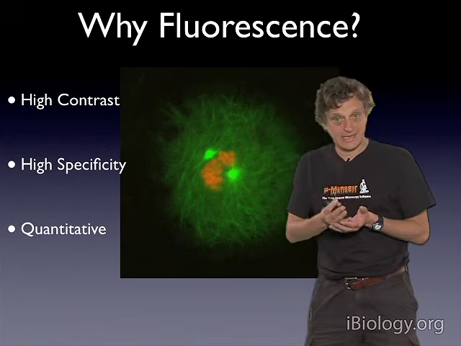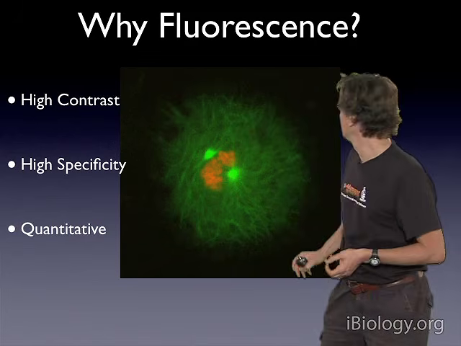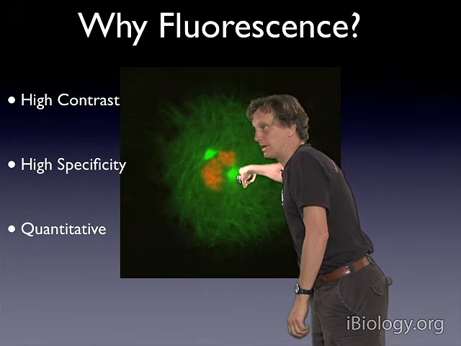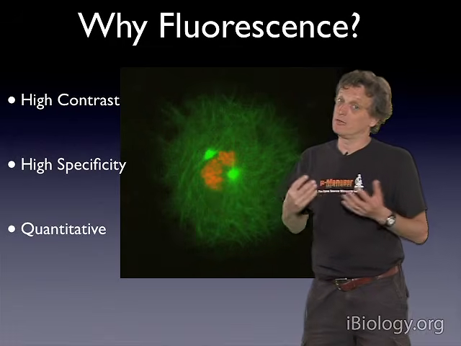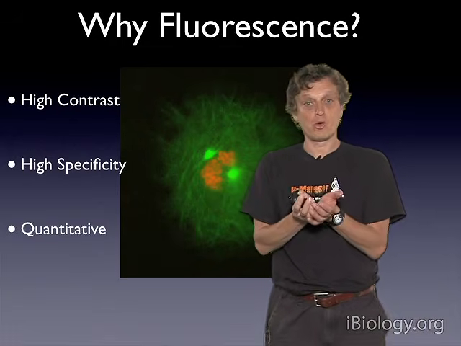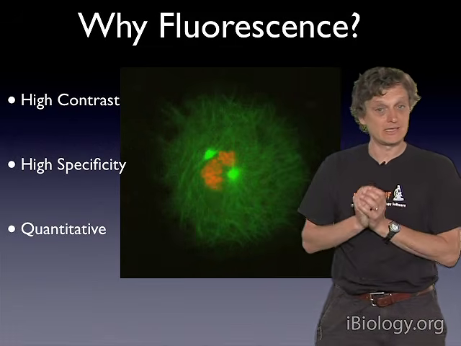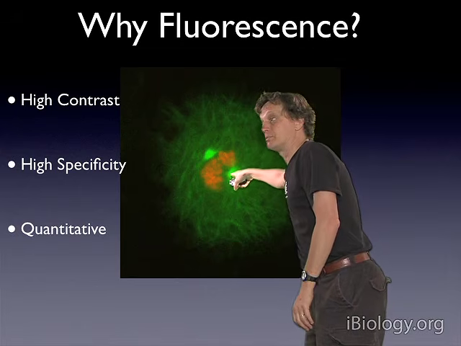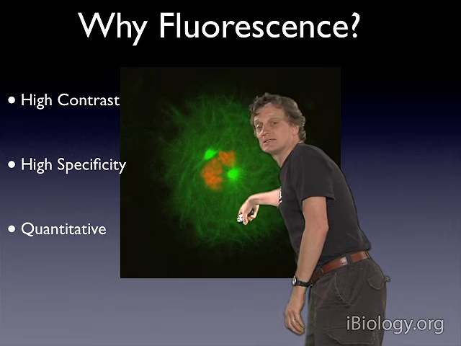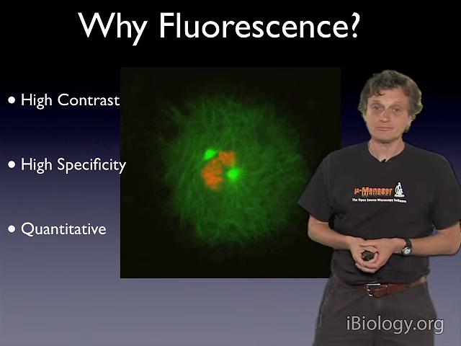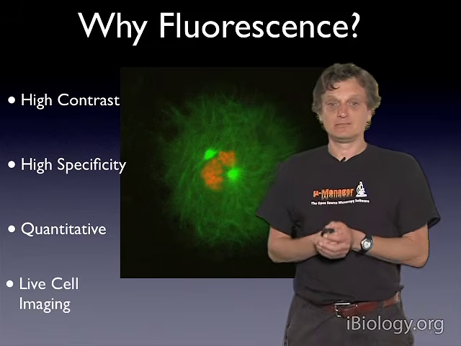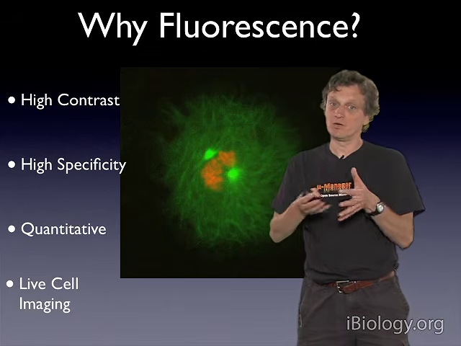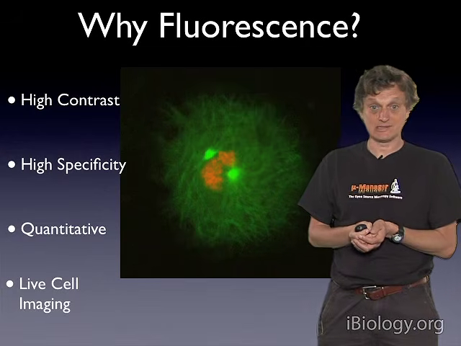So if I calibrate my system correctly, areas where we have higher signal, like here, are areas where I have more of the protein that I'm interested in. So in this case, there's a lot more tubulin here in these bright areas than here in these dimmer areas.